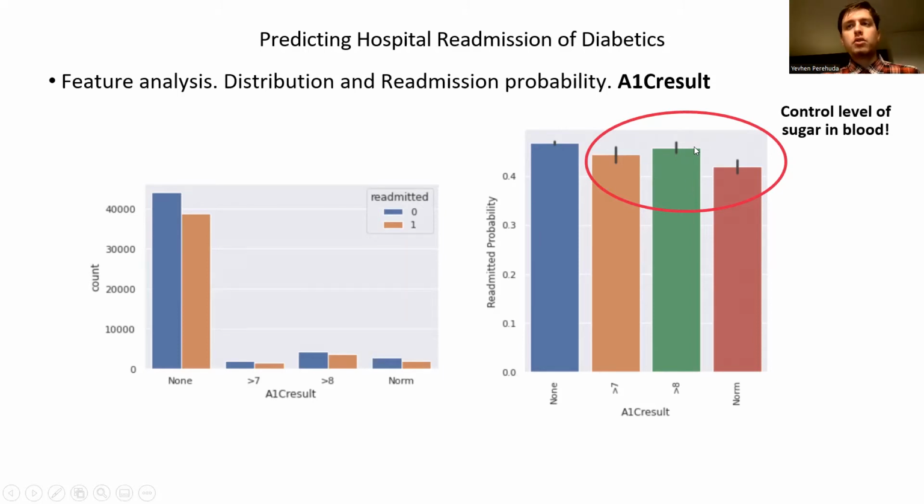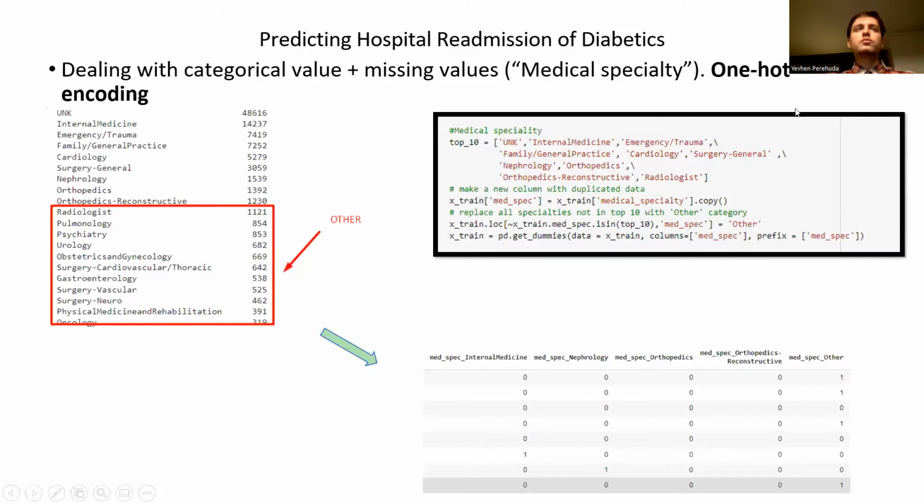So during boarding of a patient in hospital, it's better to check the level of his sugar in the blood. And in case of that, we will be able to prescribe some additional medication, something like that. And probably because of that, such patients who were tested have less probability to be readmitted.